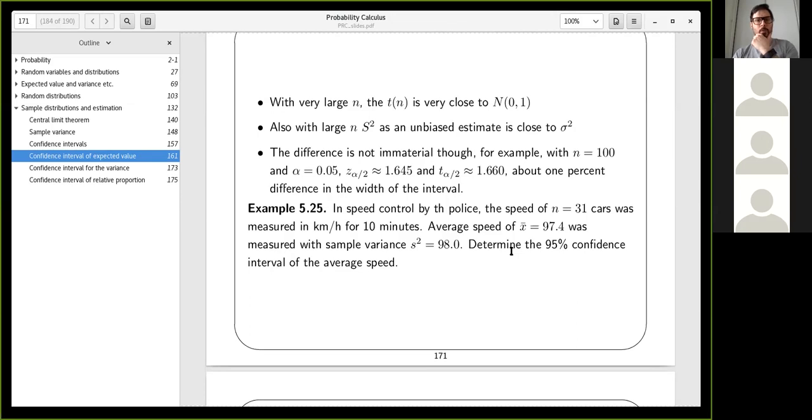So it's about a 1% difference. It doesn't seem like much, but think about it, a 1% difference in the interval just might be material.